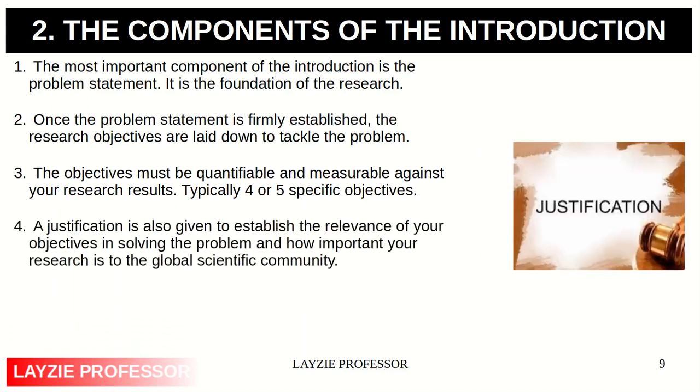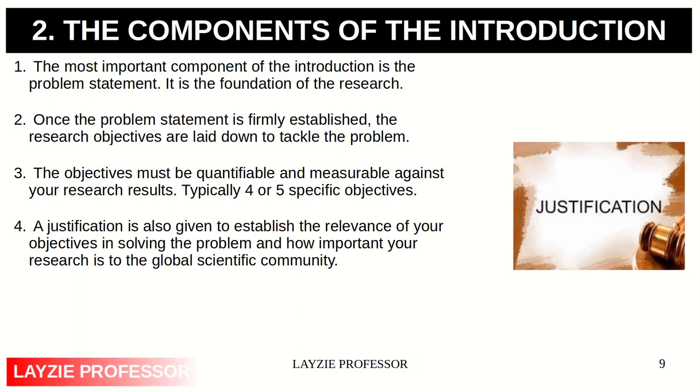After the objectives are set out, you present your justification and the relevance of your research, to establish how important your objectives are in resolving the problem. Your justification must explain that your objectives are good and relevant, and they can help lead to resolving the problems you described in your problem statement.